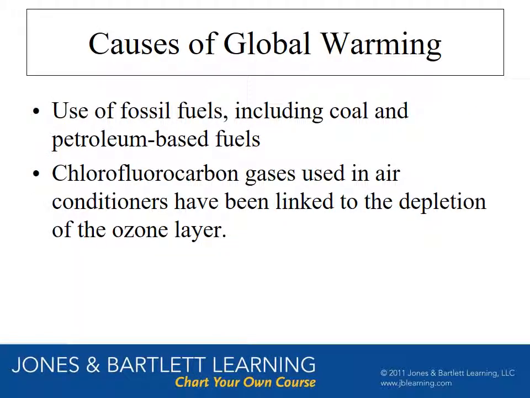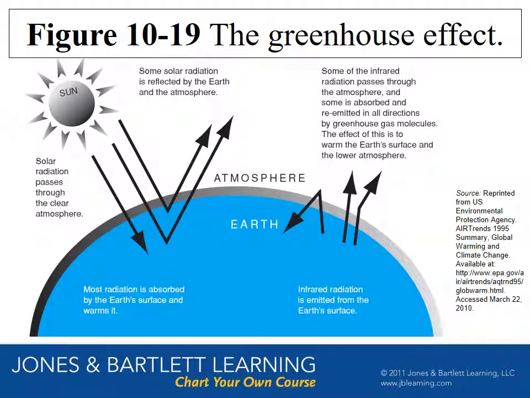The major sources of air pollutants that can contribute to global warming include fossil fuels like coal-fired power plants or gas fuels like petroleum-based fuels. We know that chlorofluorocarbons, which have been used in coolants like air conditioners, have been linked to depletion of the ozone layer, which can also allow for increased heat uptake.